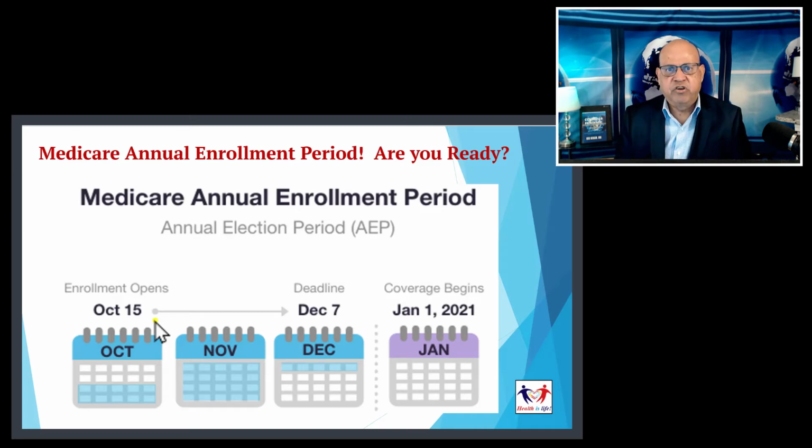Hence, it pays to review your Medicare and Medicare Advantage plans every year in the first 2 weeks of October, and see what things have changed and how your coverage is going to be affected and what are the alternatives available so that it meets your requirements based upon your doctors, your medications, your hospital services, and of course your financial situation.